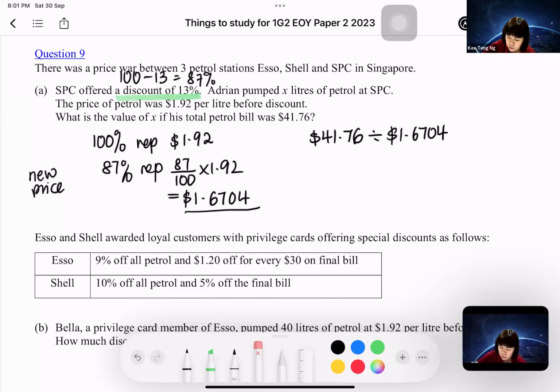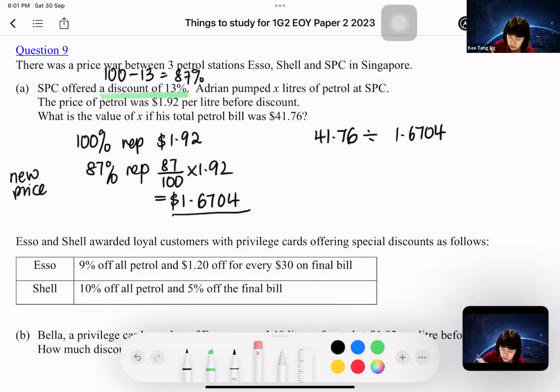Since it's not a proper 2 decimal, I should erase my dollar sign. Okay, to find the number of liters, so $41.76 divided by 1.6704. And that gives me exactly 25. So this one will be 25 liters, the correct number of liters.